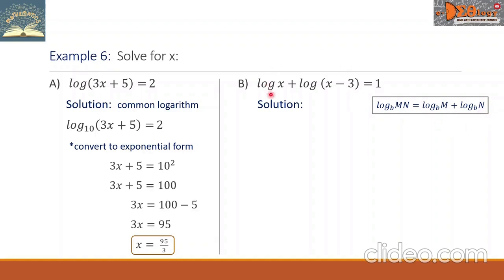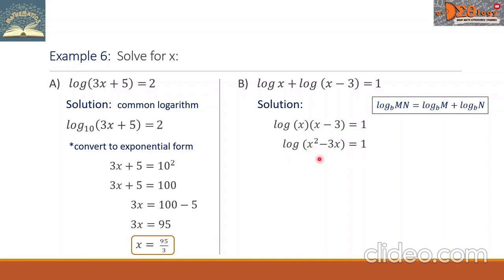That means this left side here we can write as the log of a product. So we can rewrite the left side as log of x times x minus 3 equals 1. And from here we simplify the product. So we have x squared minus 3x.